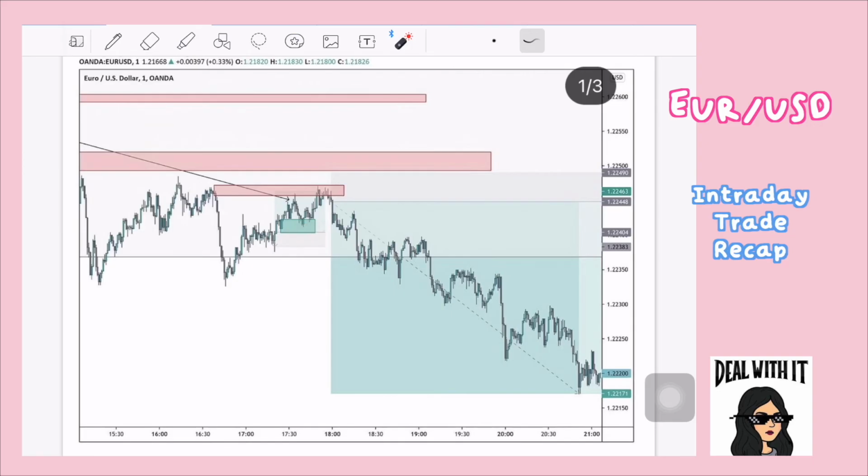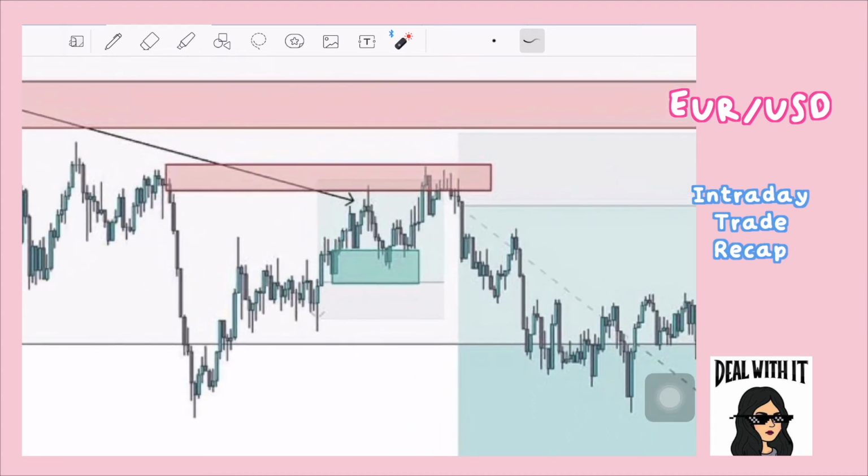So probably not advisable because it's a bit unstructured, but I did notice over here once it reached this 1 minute order block, I think earlier on I mentioned it was 5 minutes. I apologize, I think it was actually a 1 minute order block because it was based off a 1 minute candle.